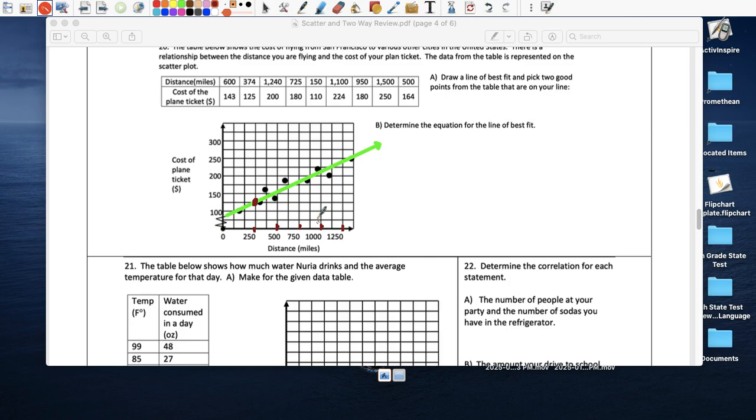So let me see what this point right here would be. This is about something above 250. Distance in miles, that's 374.